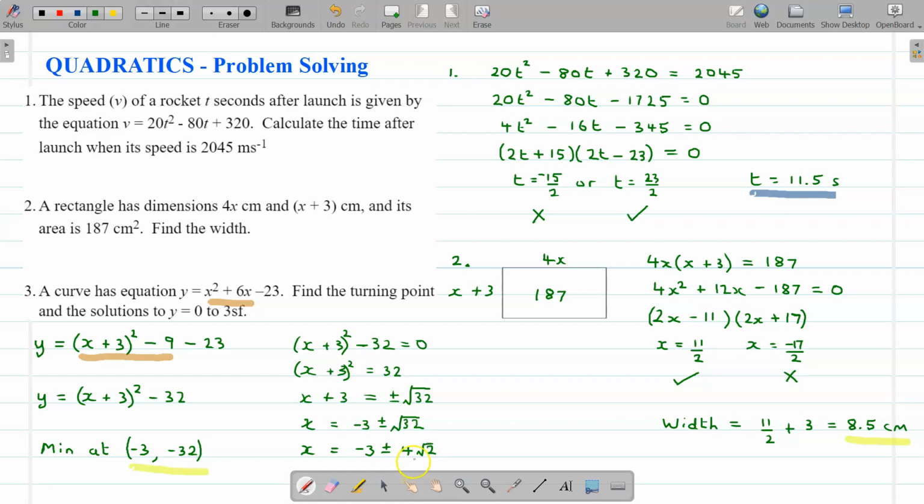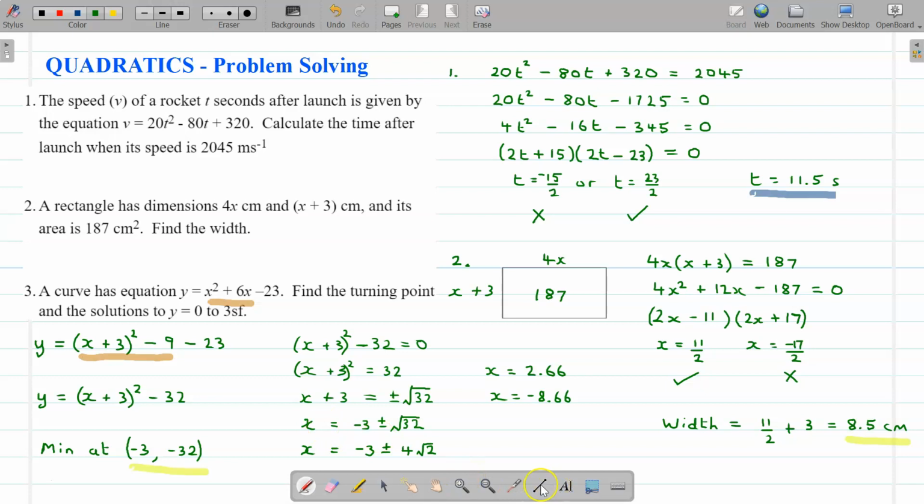And then we just want the decimal values. Well, if you put that onto the calculator, you get these two values. x equals 2.66 from the positive to 3 significant figures, or x equals negative 8.66. And they're the solutions that come from that.